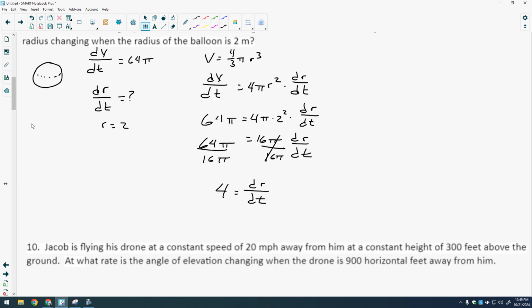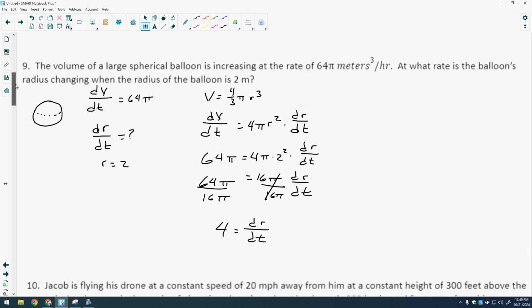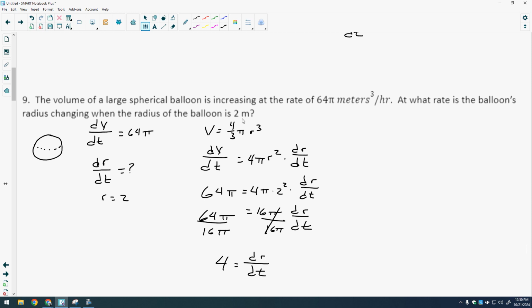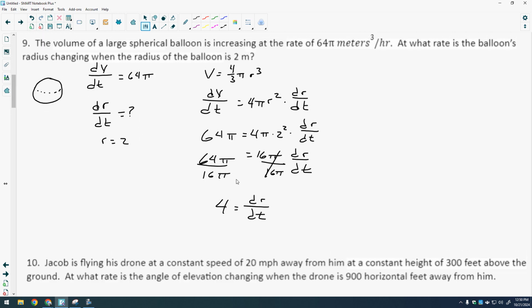For what? 4 meters per second, because the dimensions of the balloon are in meters, and so it's, and per hour. It's 4, man, I can't write and talk tonight. So this is 4 meters per hour.